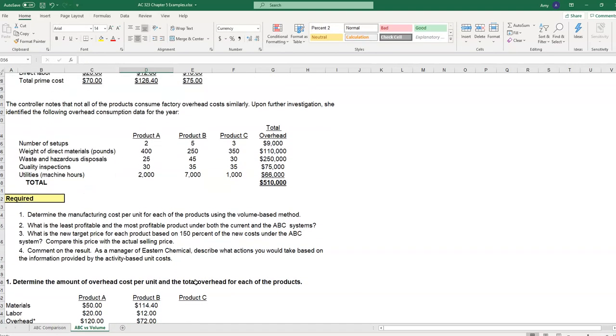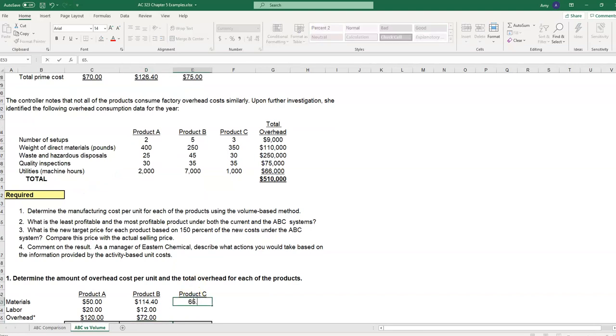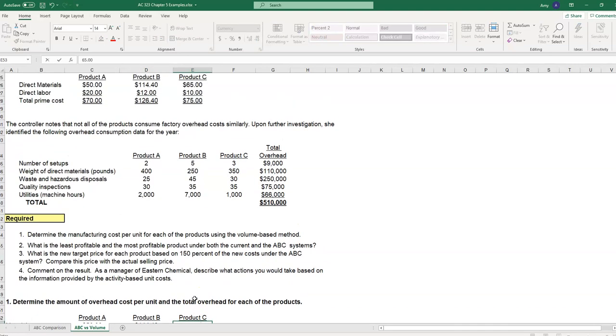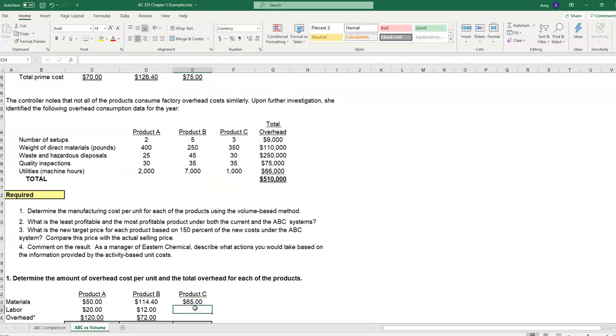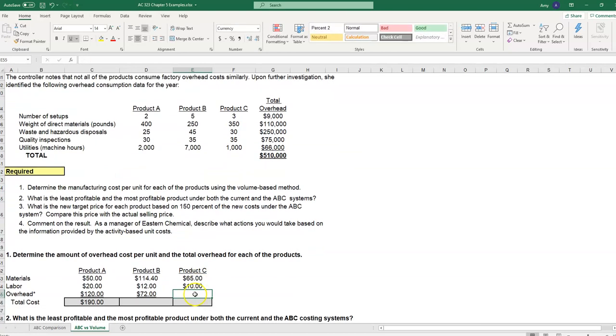And for product C, we have materials of $65, direct labor of $10, and then our overhead allocation is our labor rate times 6.